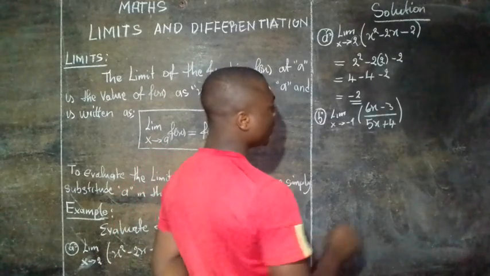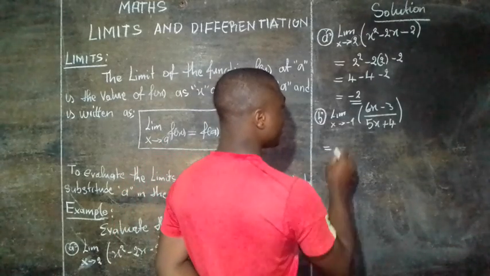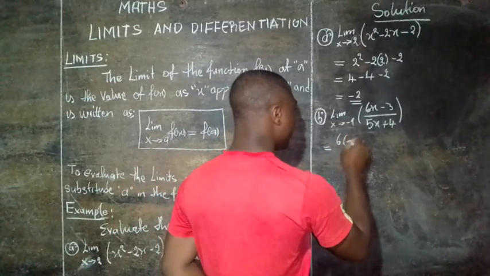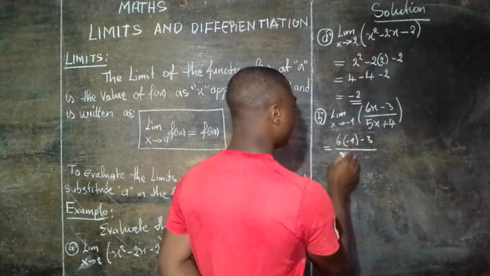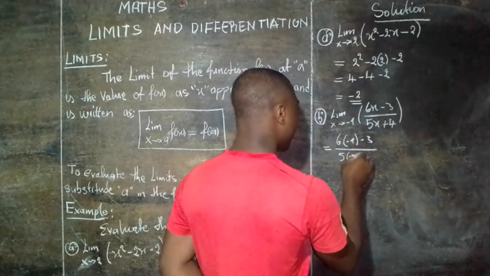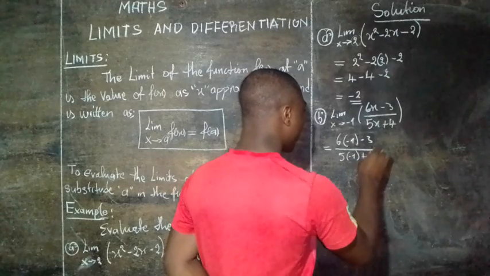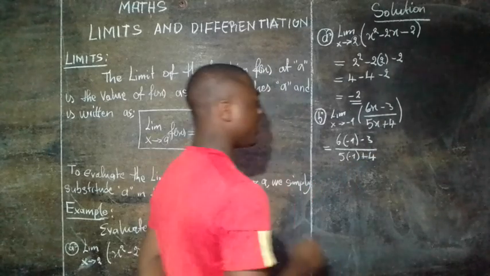So what are we doing? We shall quickly apply it. We have 6 into negative 1 minus 3 all over 5 into negative 1 plus 4. That is what we shall be having there.